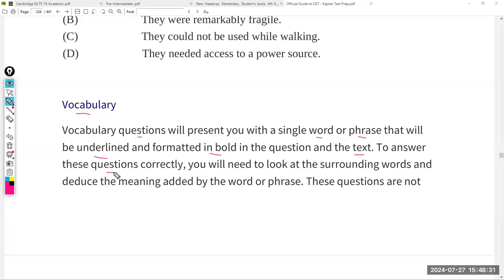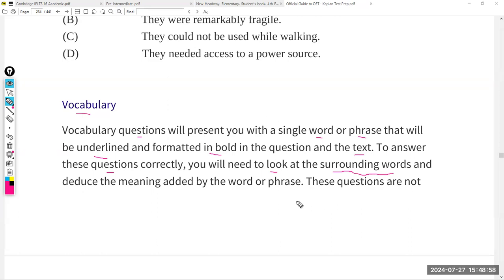Now, to answer these questions correctly, you need to take a look at the surrounding words. Some students think that the meaning of this vocab or phrase or idiom, for example, should be after the idiom, after the vocabulary. It's not a must to be that. You have to read the whole sentence. You have to check what we have next, what we have before the word.